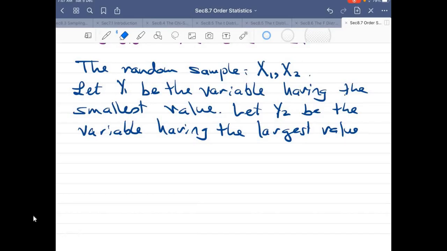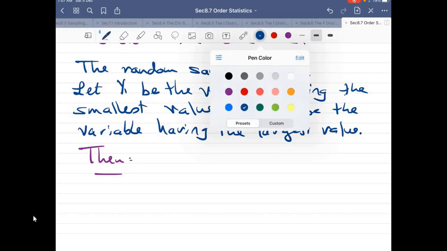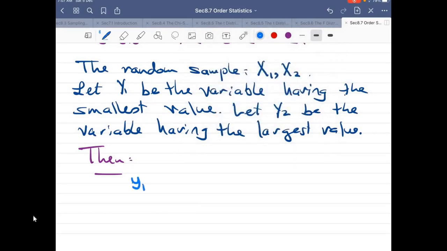Then what would I have? I can have this scenario. It could be that y1, the smallest, is x1, and y2, the largest, is x2. This will happen when x1 is less than x2.